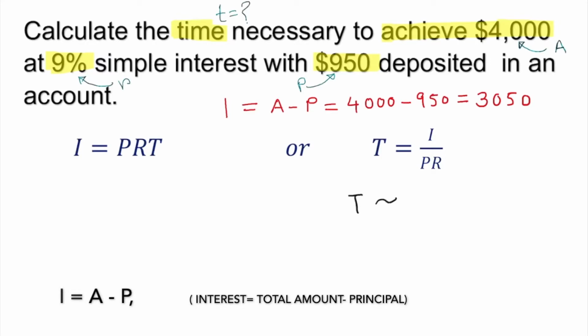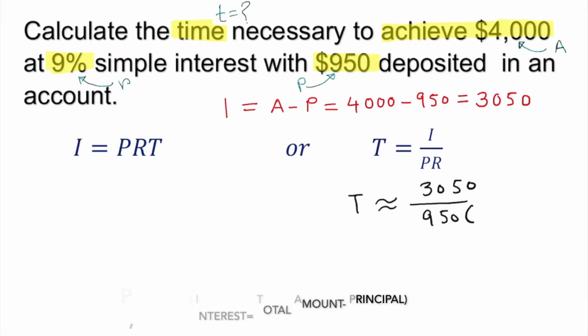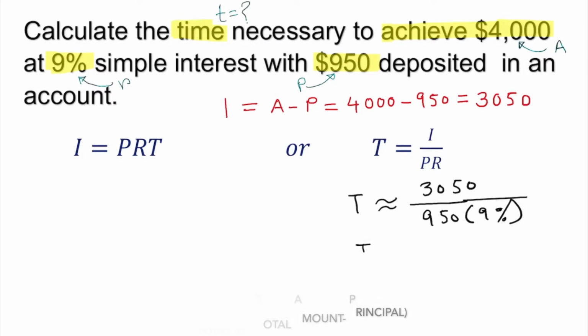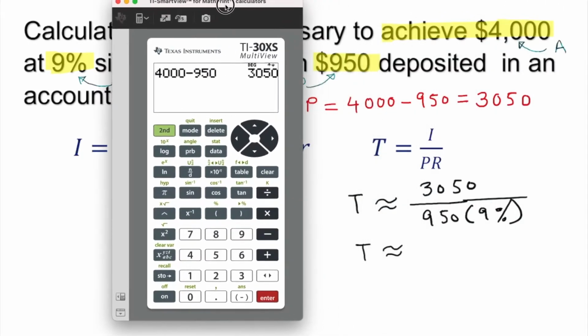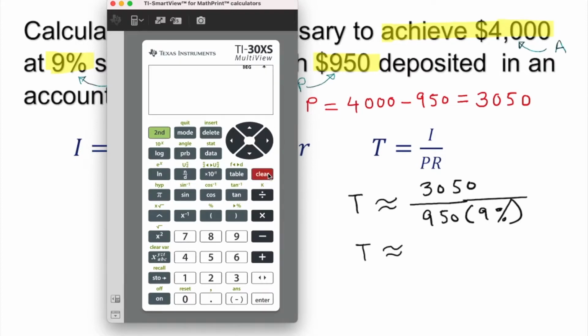T is approximately going to come up with interest, 3050, over principal 950 times the rate 9%. Now we need help with the calculator, otherwise we won't be able to get to the final answer.